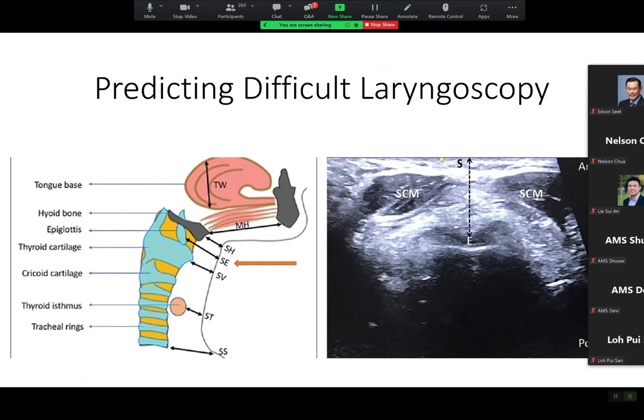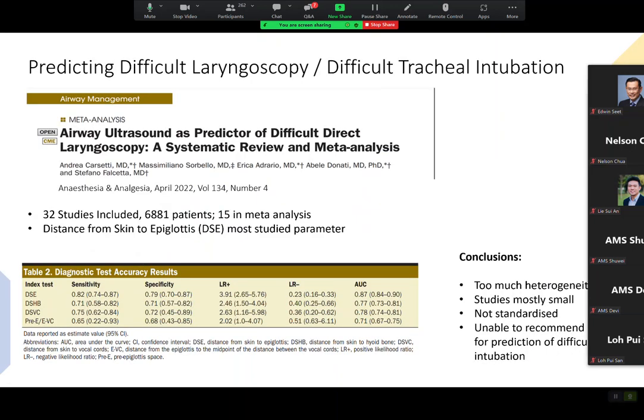Okay, in terms of predicting difficult laryngoscopy, quite a number of parameters have been studied. Some examples include tongue width, mentohyoid distance, skin to epiglottis distance, and a few others. This meta-analysis published in Anesthesia and Analgesia in 2022 showed that skin to epiglottis distance was the most studied parameter, but overall, the paper concluded that there wasn't really enough evidence to recommend its use in clinical practice.